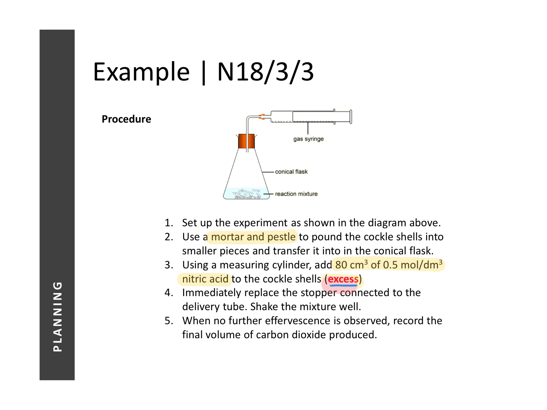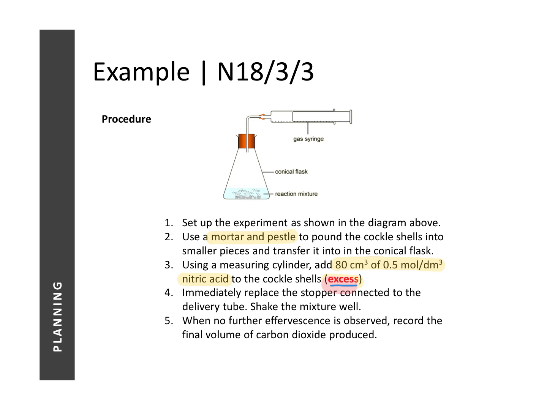Once you have added the acid, you need to very quickly replace the stopper, and then finally measure the total volume of gas that's produced. So this is the experimental procedure.